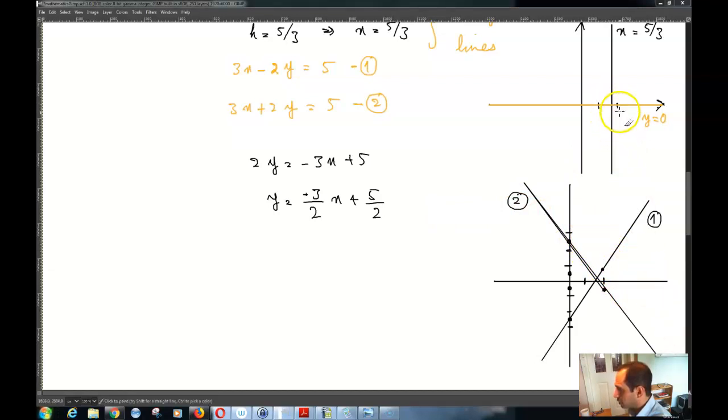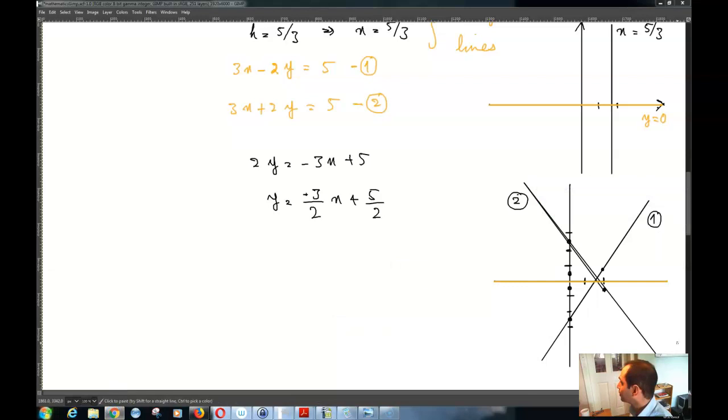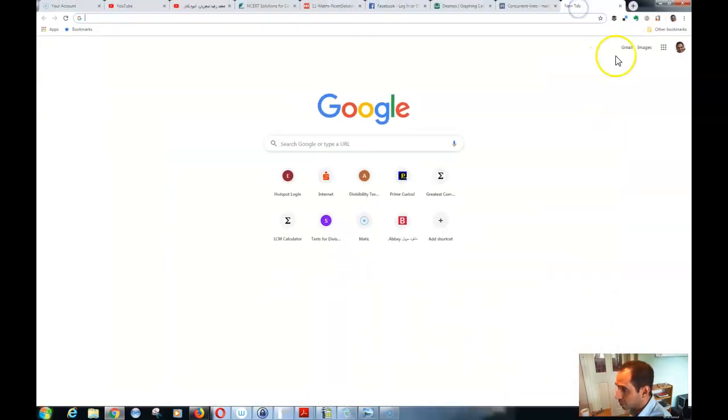And so we saw that one of the paths was the x-axis itself, and I suppose these lines are supposed to intersect exactly on the x-axis, because otherwise the solution is not right. I can show you what I mean over here.